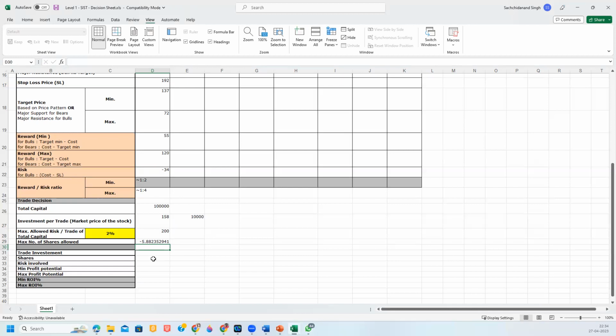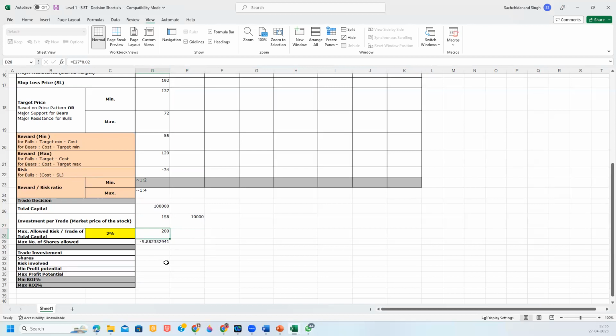Is this part clear, Manisha ma'am? No, this is not at all clear. Okay, we will leave it for now. No, it's very simple. Suppose this 1 lakh is the total capital. Out of 1 lakh, I have kept 10,000 aside. If I calculate the maximum risk as per the trading system, we should take 2%, and 2% of 10,000 is 200 rupees.